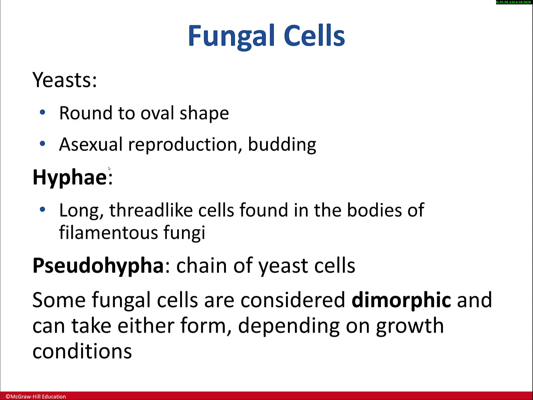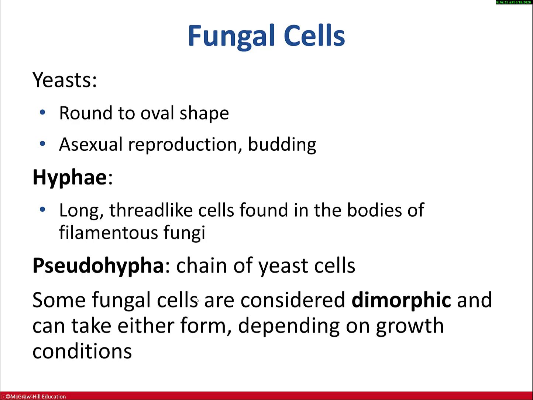They're identical, where the yeast cells are not. So the hyphae are long thread-like cells found in the bodies of filamentous fungi. The hyphae are very characteristic. Pseudohyphae are chains of the yeast. They don't really have any stalks.